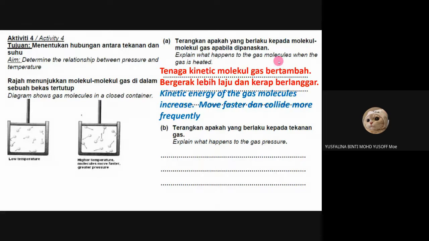For B, it asks you to explain what happened to the gas pressure. Can you explain to me what will happen to the gas pressure since the kinetic energy of the molecules increases? So the gas pressure also will increase, right?